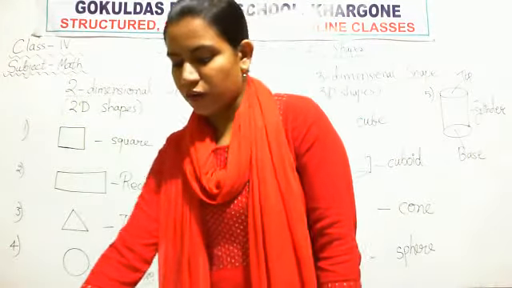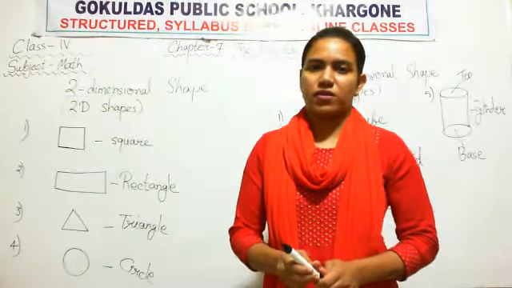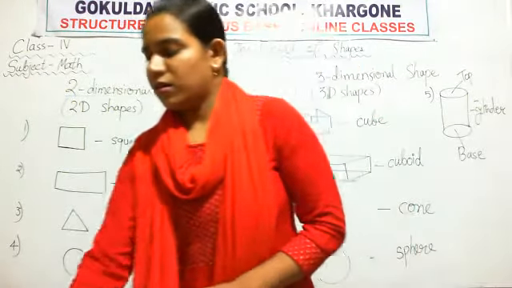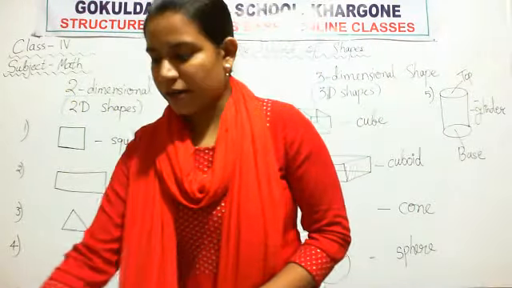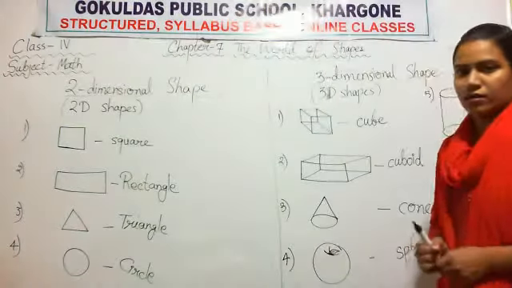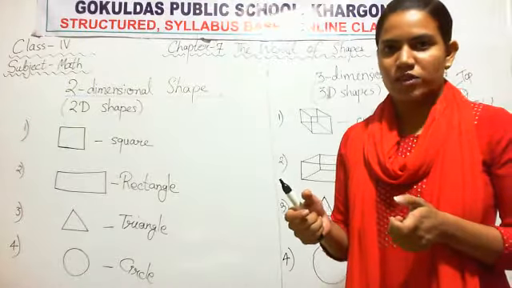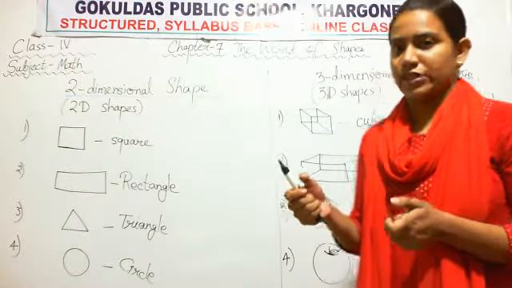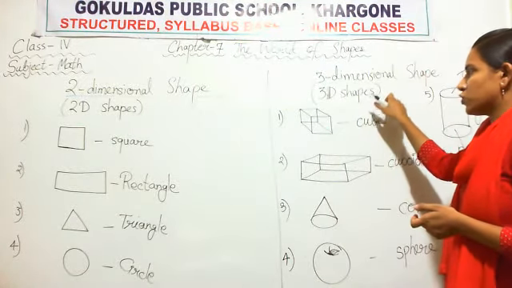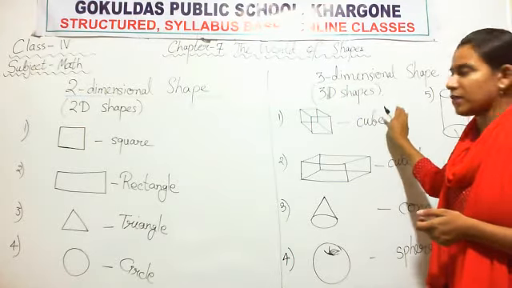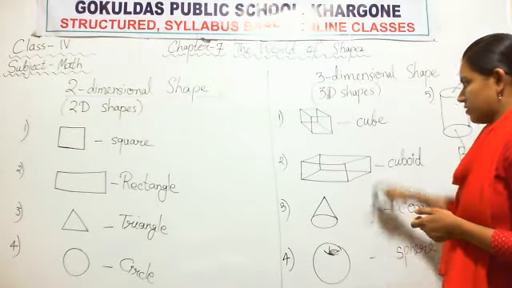Write the shapes of the following objects, a geometry box. What is the shape of your geometry box? You can hold your geometry box, right? You can hold your geometry box, means it is a solid shape. And solid shape means 3D shape, so we will identify from this.